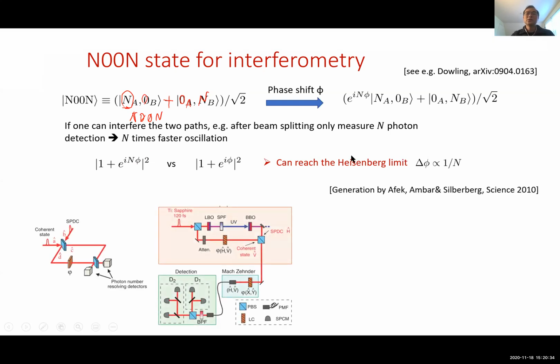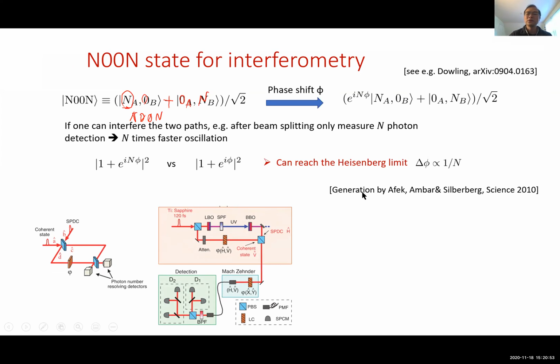Such NOON states have been created before. This is shown here by this paper. This is a so-called Mach-Zehnder interferometer, and this is how they create it.